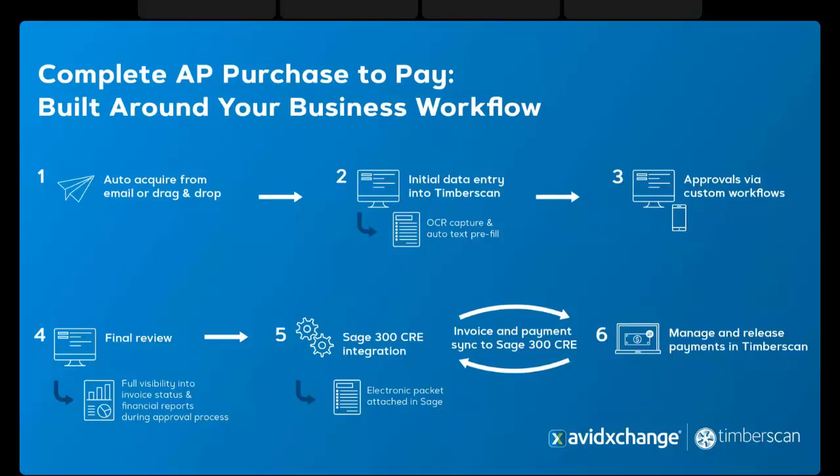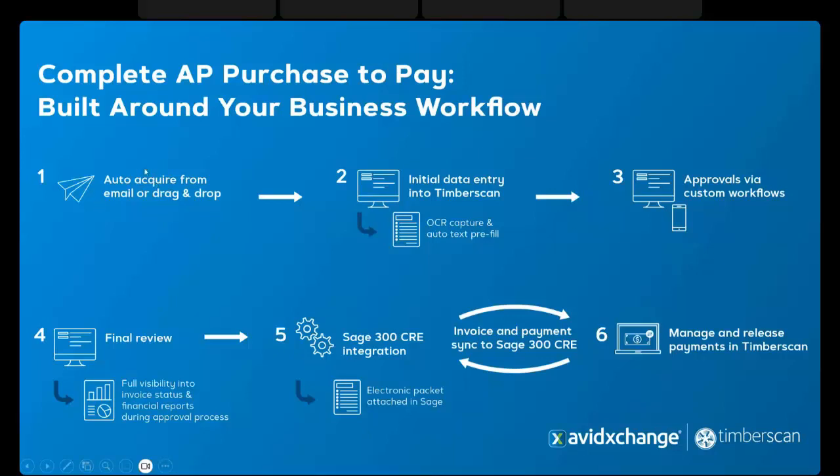They have to look at it and see if they want to hand code information on the invoice. Eventually it makes its way to accounting. Accounting goes ahead and keys the invoice in. And then at some point the checks are cut and the invoice gets paid. With TimberScan, we take that manual process and we basically eliminate it from start to finish.